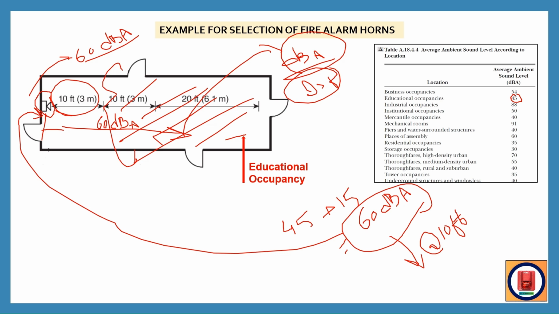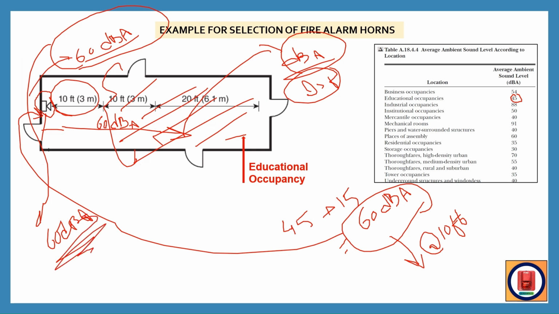But coming back to this particular example, we need to select the horn rating more than 60 dBA, because we need to maintain 60 dBA in the entire room. So now if I select 75 dBA rating throughout the protected space, then in next slide we will try to look whether this is acceptable or not.